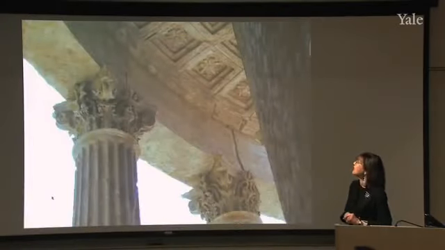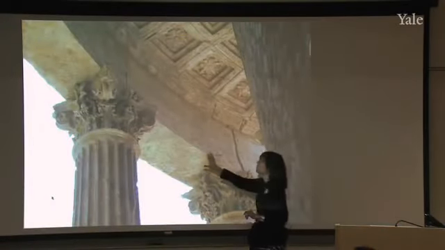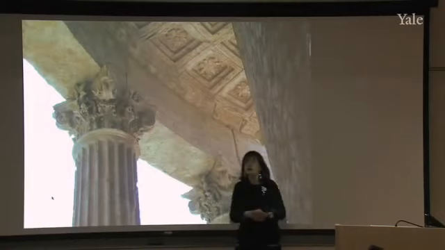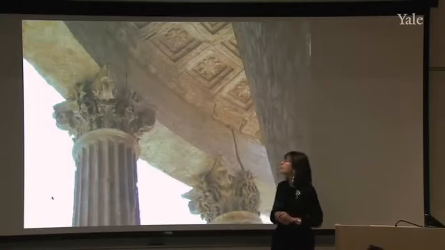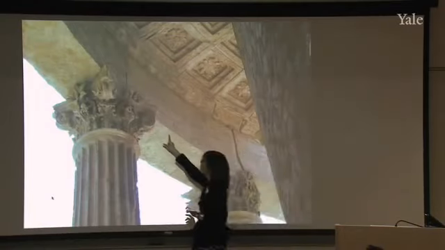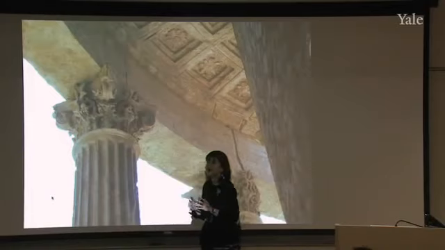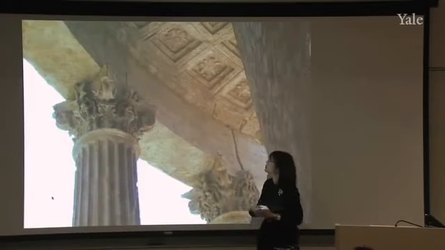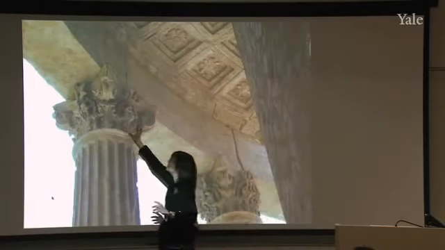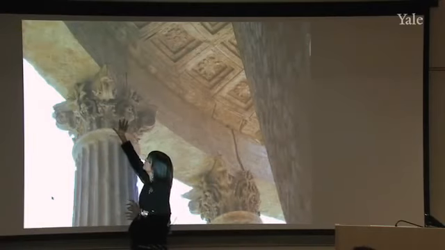And here is a detail of the capitals, the Corinthian capitals that are used here. What's characteristic of Corinthian capitals is that they have, like the Ionic, volutes, these spiral volutes, but they are much smaller and much more delicate, and they are, in a sense, incorporated into the flowering plant.